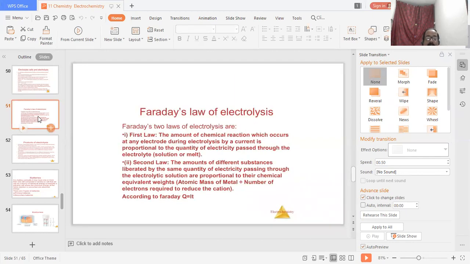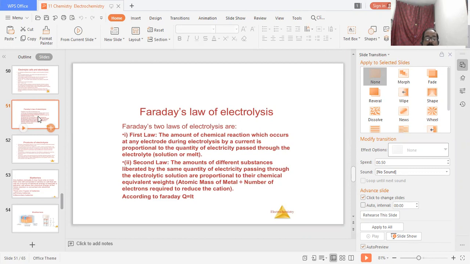Next slide, Faraday's laws of electrolysis. There are two laws of electrolysis. Number one, the first law: the amount of chemical reaction which occurs at any electrode during electrolysis by a current is proportional to the quantity of electricity passed through the electrolytic solution or melt.